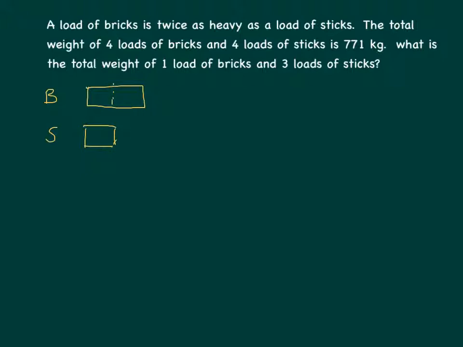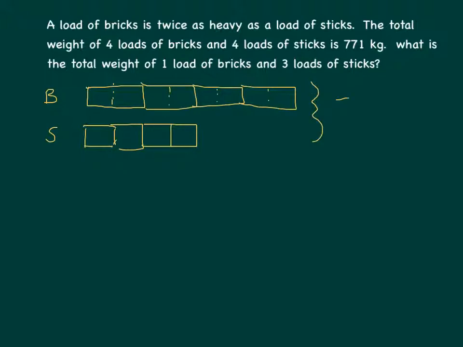And I know that I have 4, if I have 4 of each, 2, 3, 4, I know that the total weight is 771 kilograms. Looking at my picture, I can see here that I have 1, 2, 3, 4, 5, 6, 7, 8, 9, 10, 11, 12 equal parts here. I have 12 equal parts.